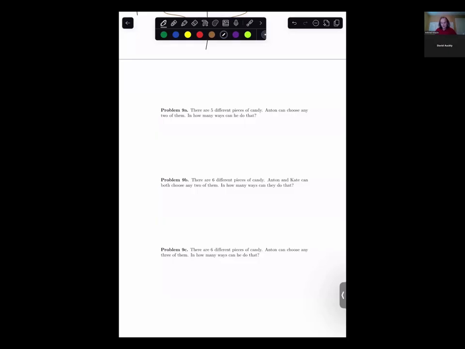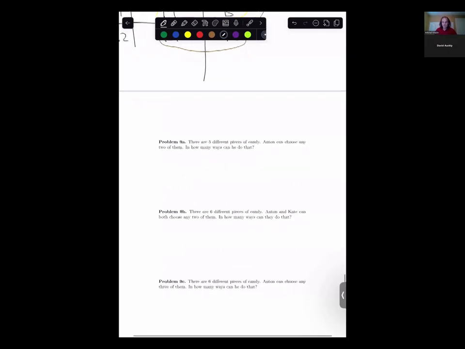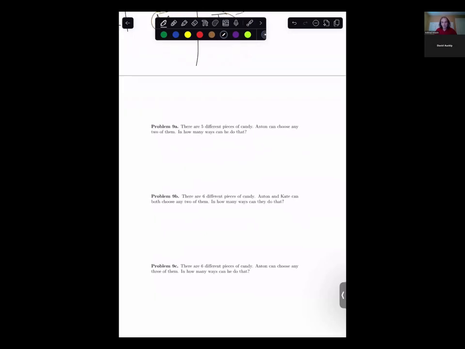So the idea here is very similar to what we just did before. So in how many ways can we pick the first candy? There are five pieces, so there are just five different ways for the first candy. And then how many ways are there for the second candy?